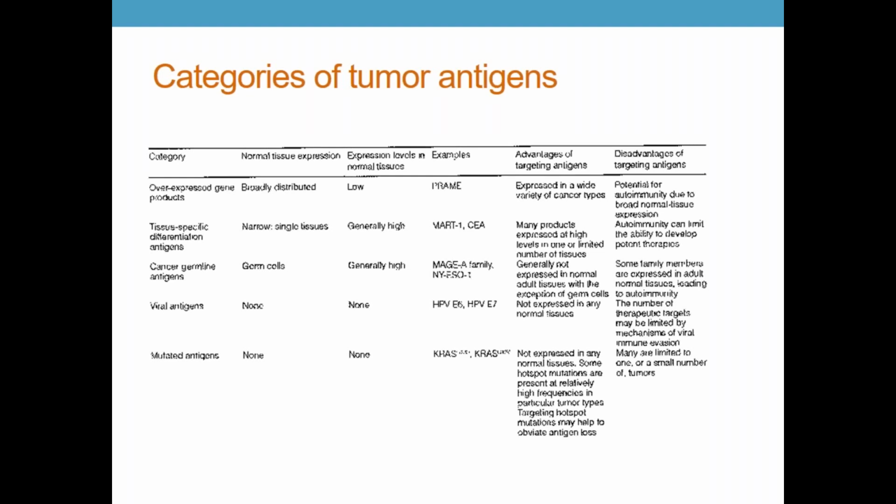And then we get to some of the antigens that are now truly becoming cancer-specific. One is viral antigens, and these are normally not expressed in normal tissue. They can be expressed in certain tumors that have a viral etiology, for instance, cervical cancer and squamous cell carcinoma of the anus, which are related to human papillomavirus E6 and E7.